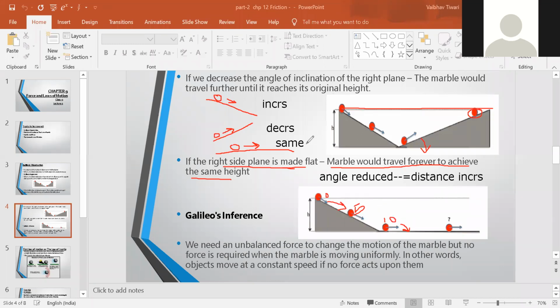Now, according to this condition, as you have said, if the ball is going to move on a straight plane, the speed will remain the same. So once at this point the speed gained by the marble is 10, and further the path is straight, would the marble keep moving with the same speed or not?